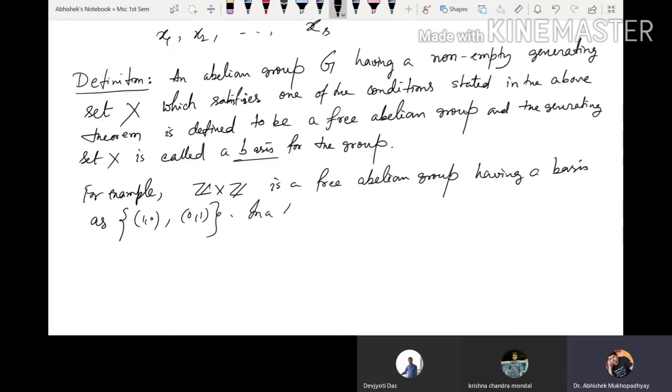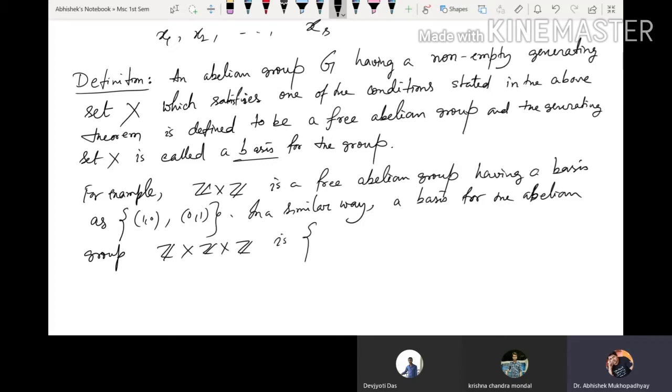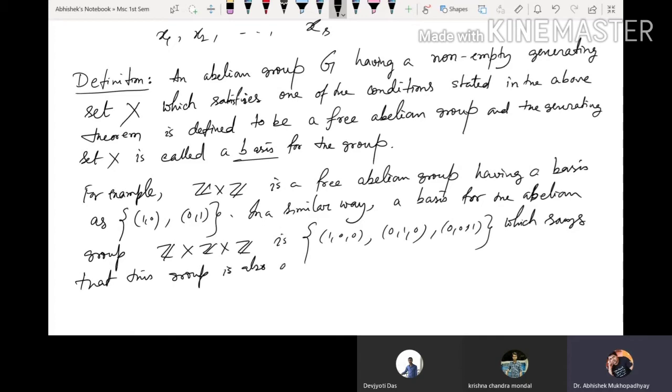In a similar way, a basis for the abelian group Z cross Z cross Z is the set (1,0,0), (0,1,0), (0,0,1), which says that this group is also a free abelian group.